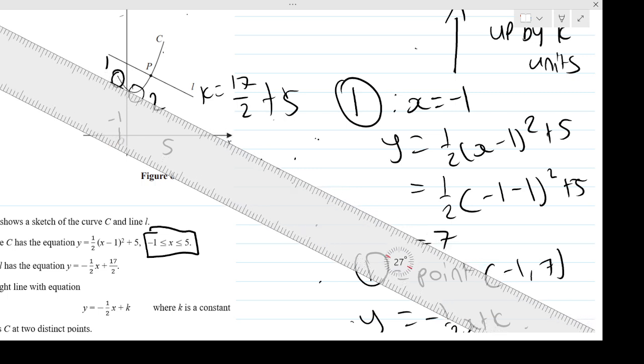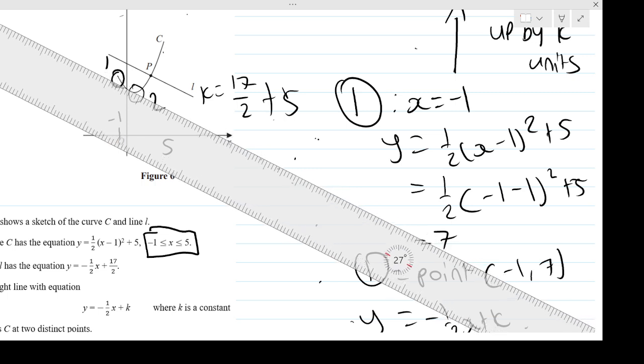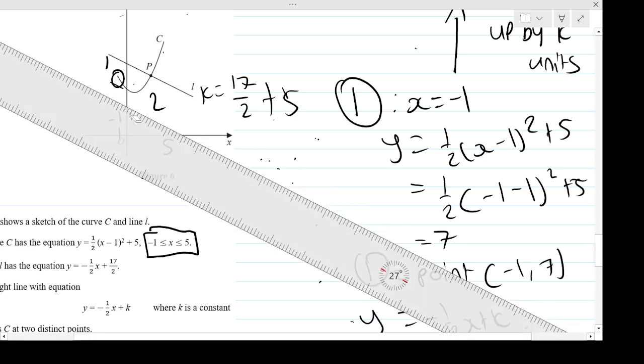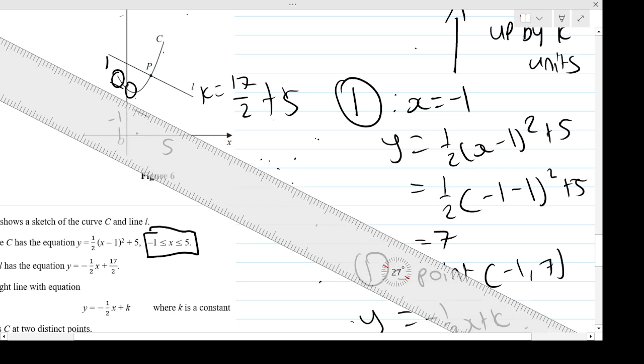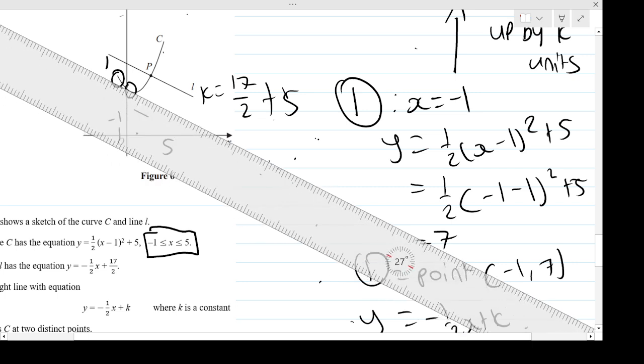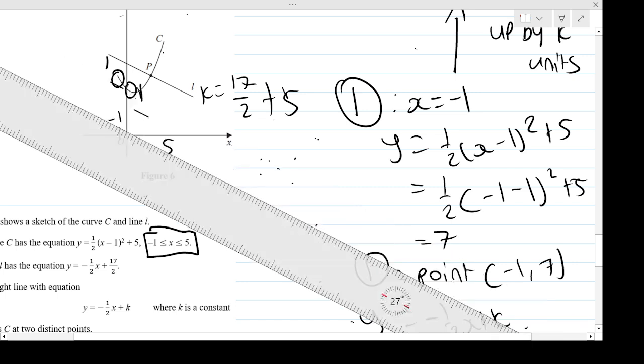Then we keep going down, and then it crosses at that point. And you notice here, that's not the minimum point. See how when we zoomed in, we got a clearer picture. So it's not necessarily the minimum point. The second point was actually there, wasn't it? That's not really the minimum point. So that'd be point 2 actually.